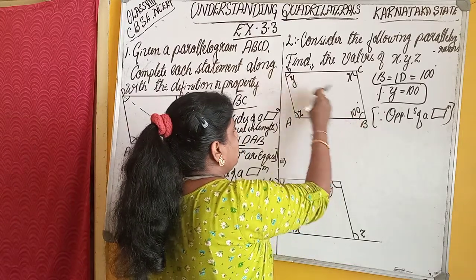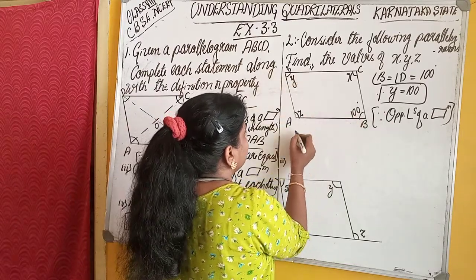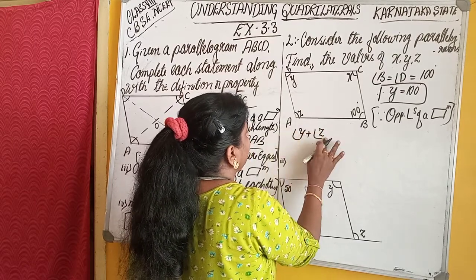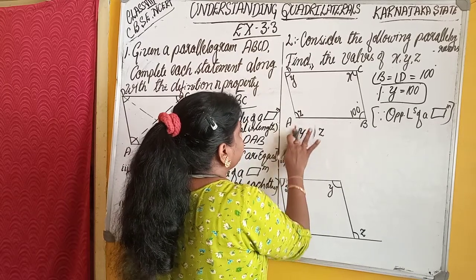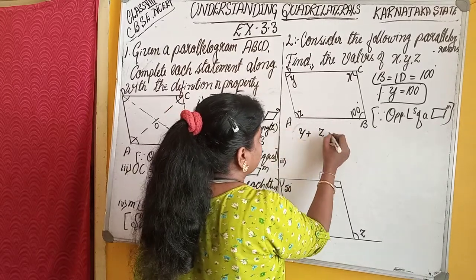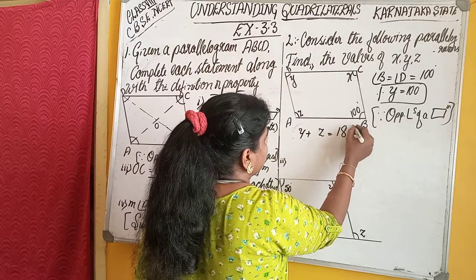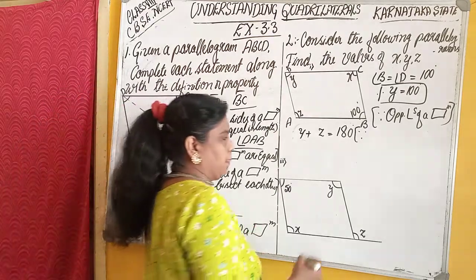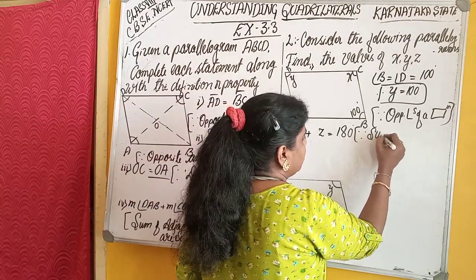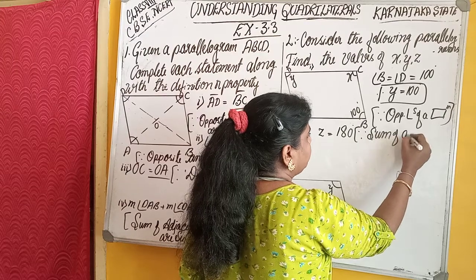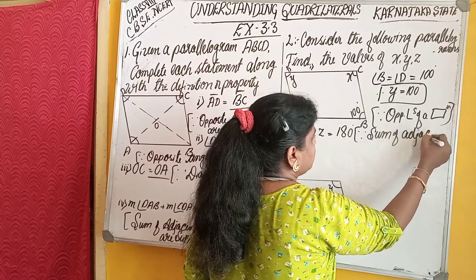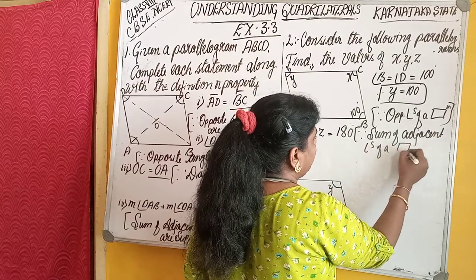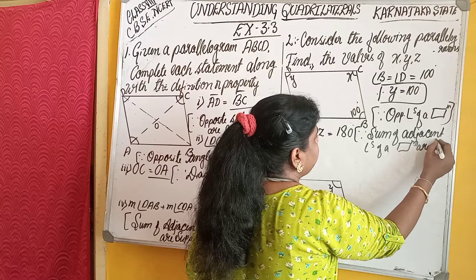Here we got these two angles, and we can write that angle y plus angle z, otherwise y plus z is equal to 180 degrees. The reason for this is the sum of adjacent angles of a parallelogram are supplementary.